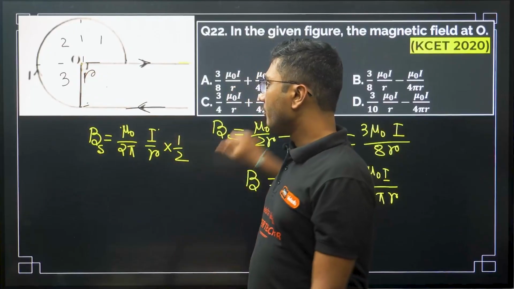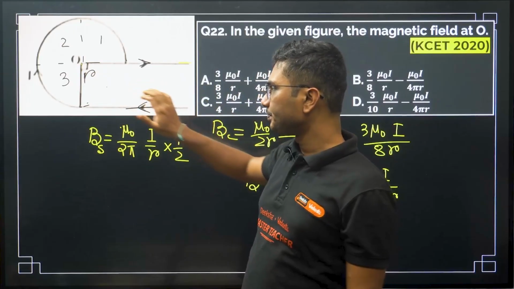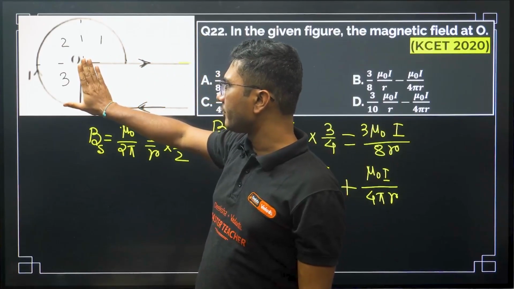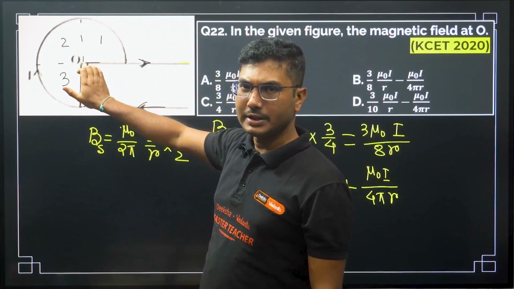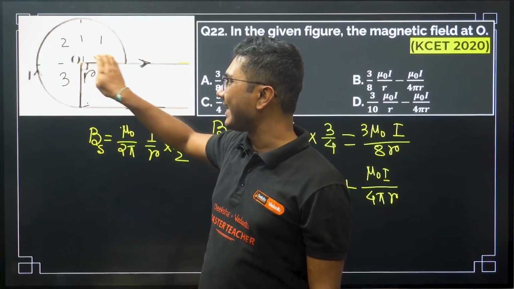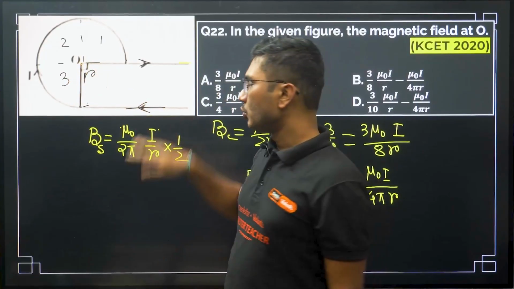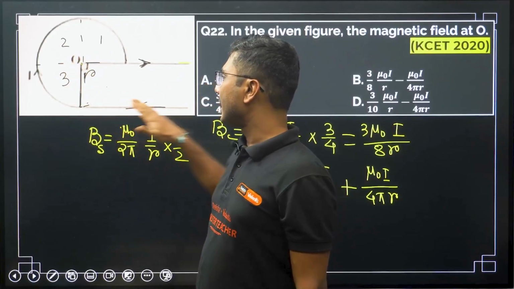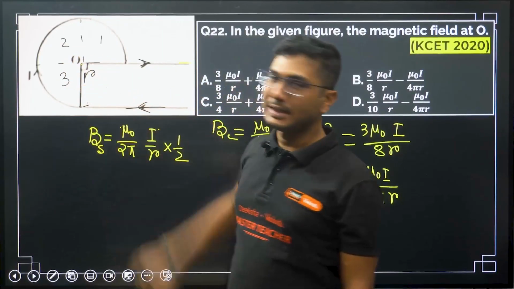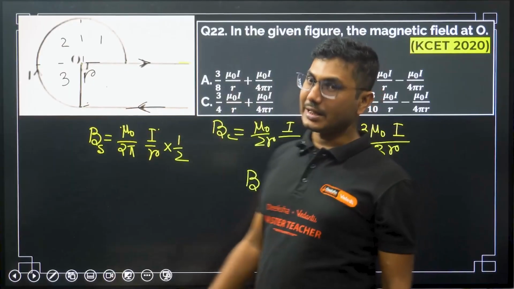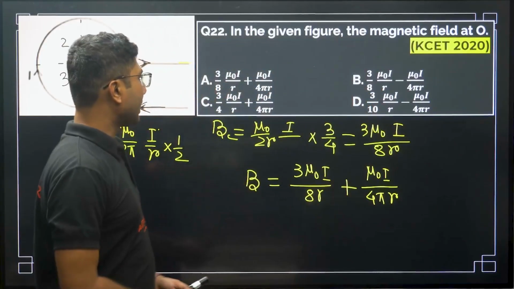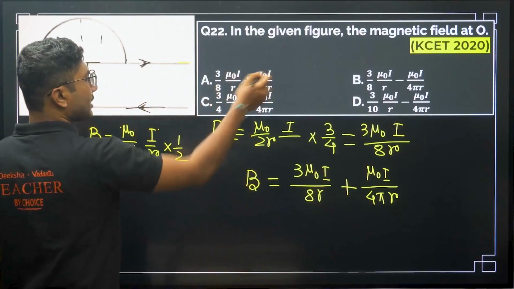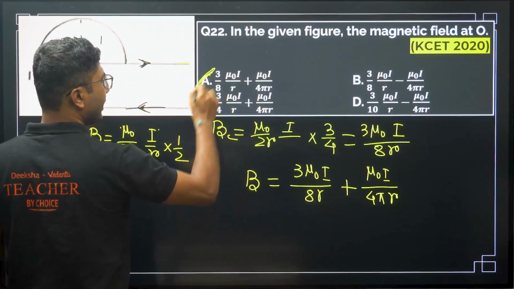For a straight current carrying wire, you first align your thumb in the direction of current, then curl your fingers, and that will give you the direction of the field, again into the page. So both cases are in the same direction, that's why they add. So the correct answer is 3 by 8 mu naught I by r plus mu naught I by 4 pi r. So option A is correct.